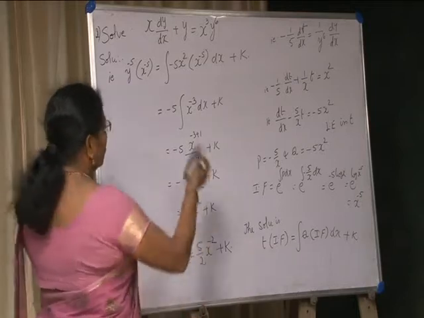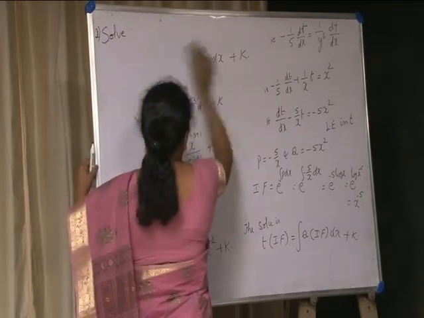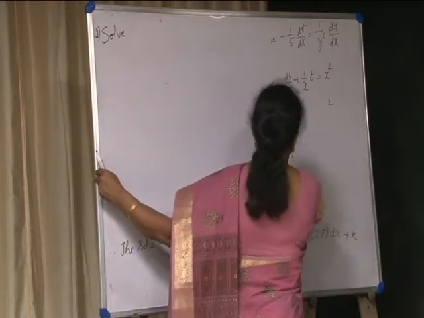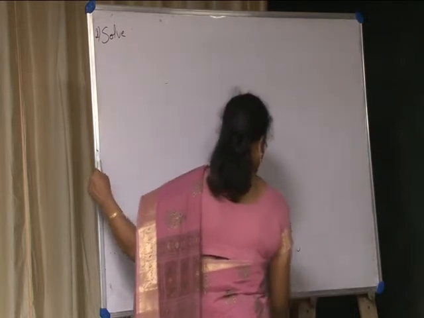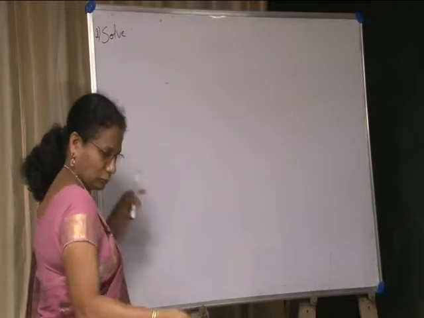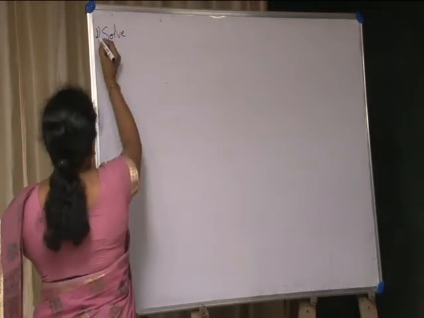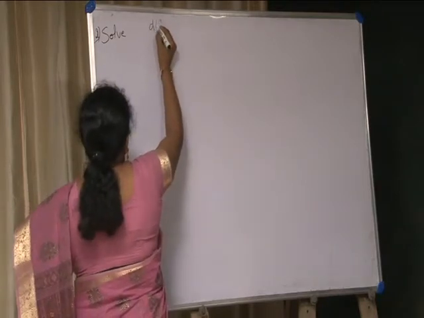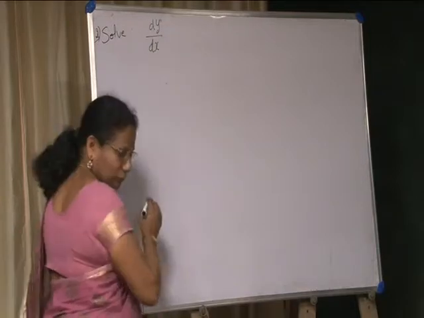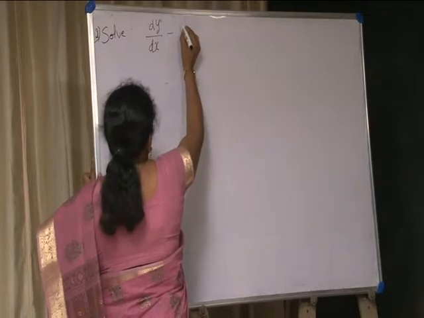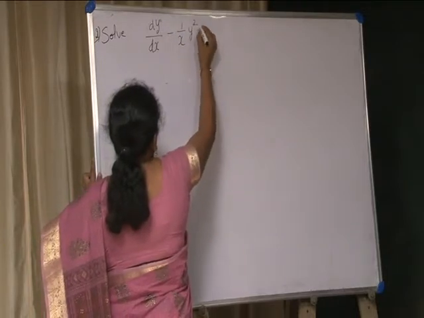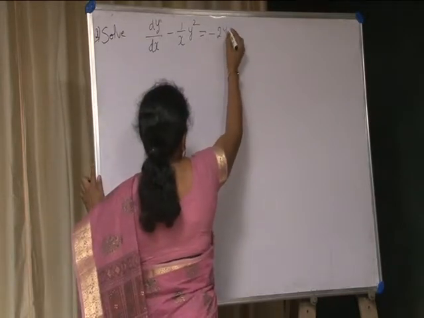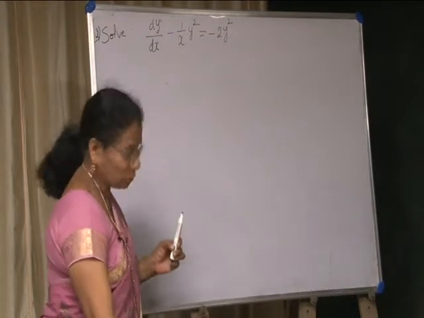Now we will see the third one. Solve dy by dx minus 1 over x y squared is equal to minus 2 y squared.